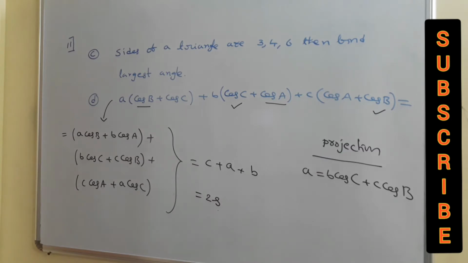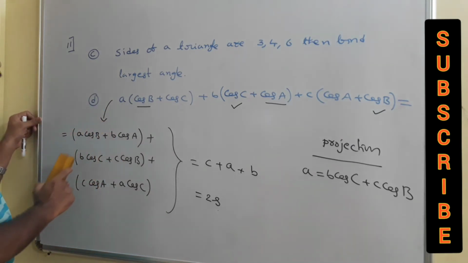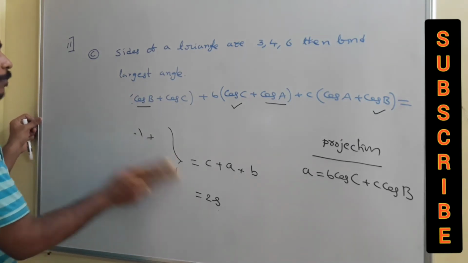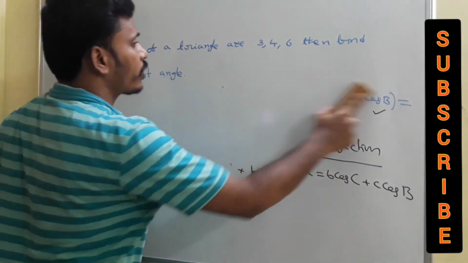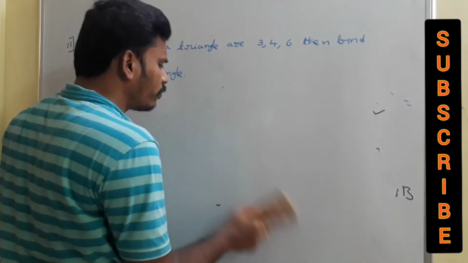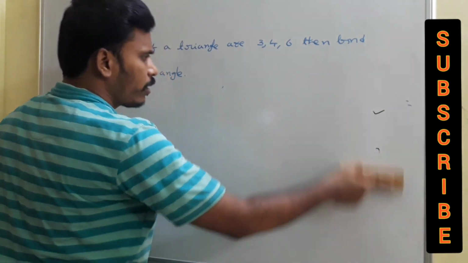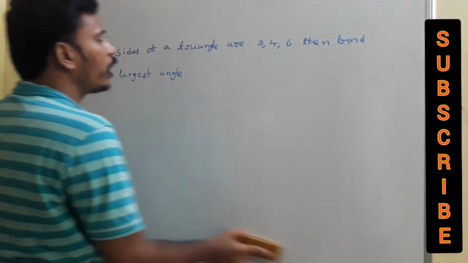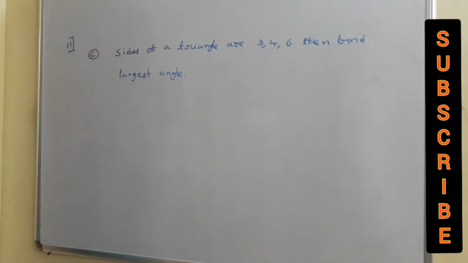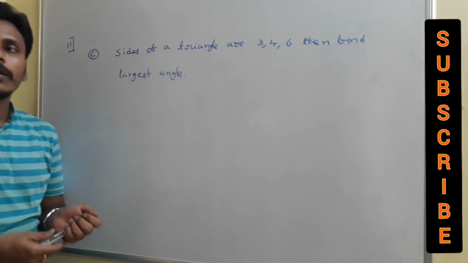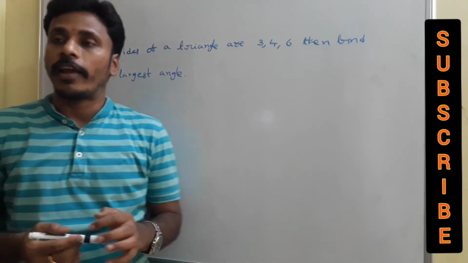Coming to 11C, sides of a triangle are given as 3, 4 and 6. Then we need to find the largest angle. Okay, I am erasing this. For 11C, there are 3 sides and there exist 3 angles. But here we need to find only one, the largest angle of the triangle. What is the largest angle of the triangle?